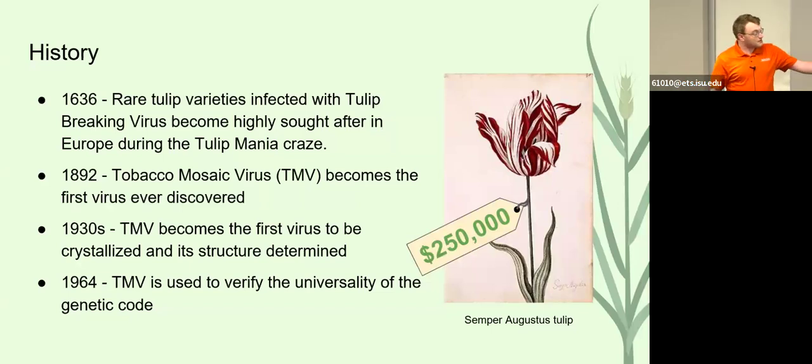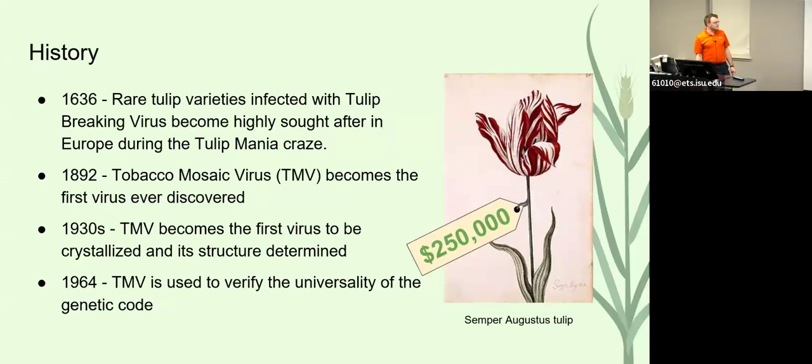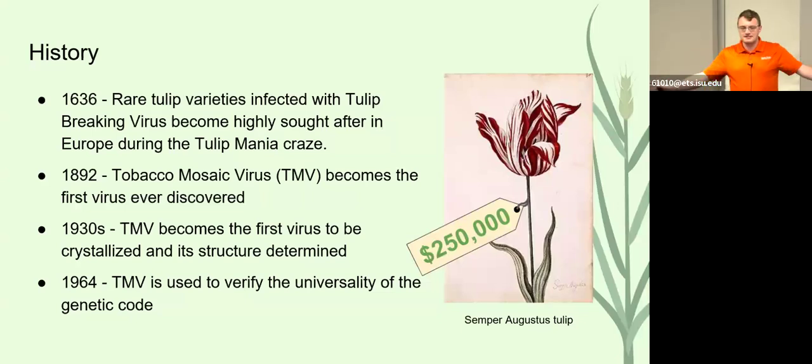What they proved with tobacco mosaic virus is that viruses do the same. They use the same code when translating their RNA into proteins. So it shows that that same code applies across viruses, bacteria, all kinds of cells.